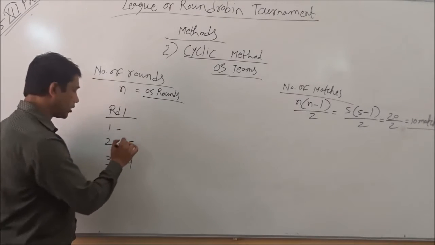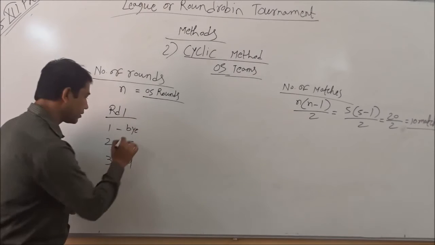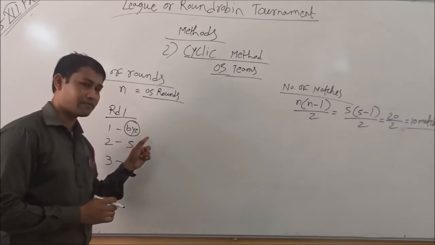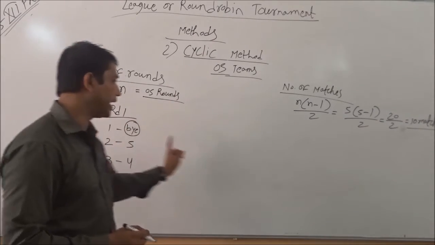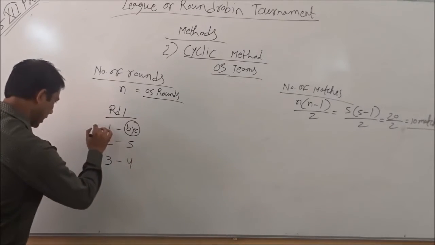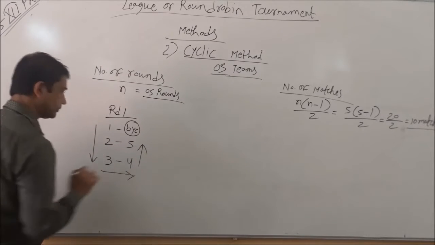So the vacant slot I have just put bye. And I have encircled also. Encircling means that position will be fixed for entire rounds. I am again drawing arrow for you for your better understanding.